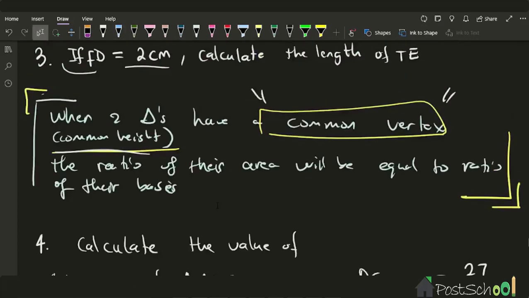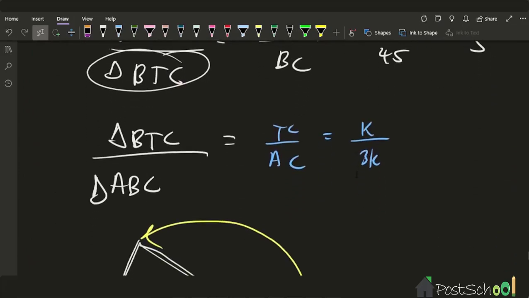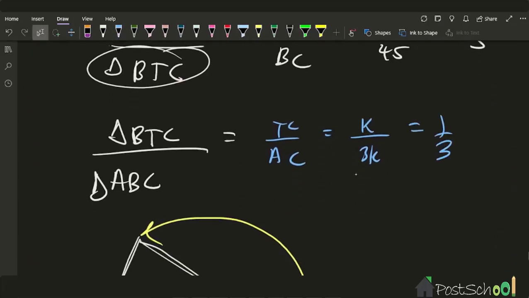We said this is K, so the whole thing must be 3K. So we bear in terms of K. You now know this is 1 over 3. Conclude that triangular BTC is 1/3 of triangular ABC.